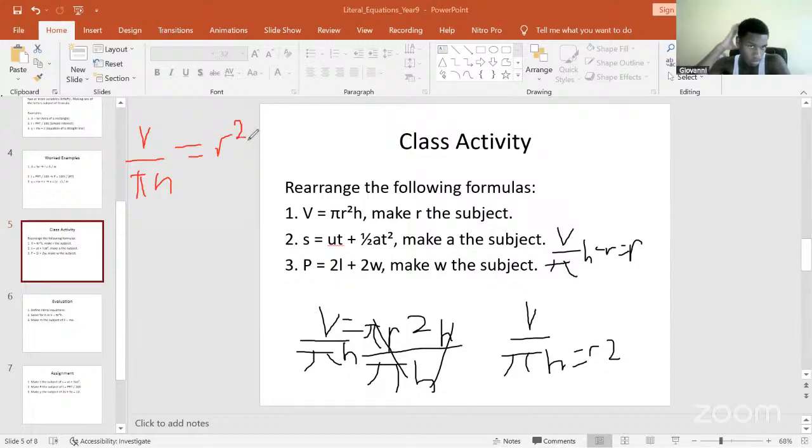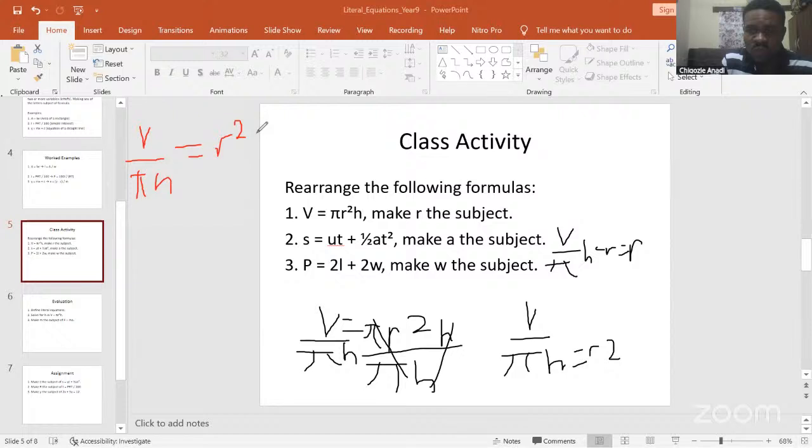So in order for us to remove this raised to the power of 2, we're going to be finding the square root of both sides, because the inverse of a square is square root.